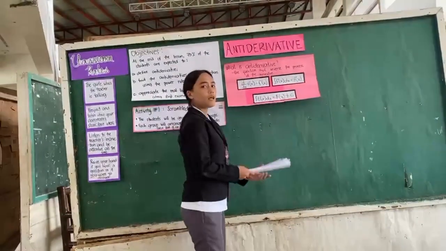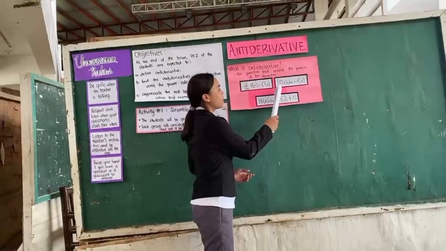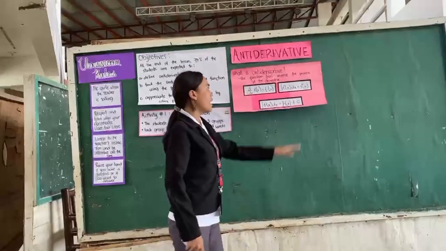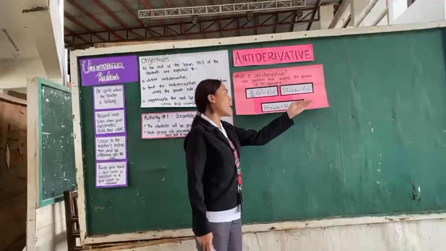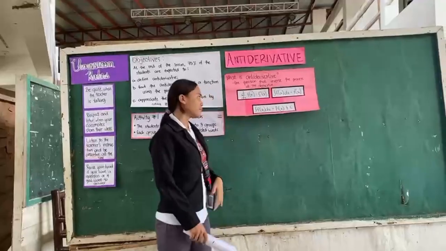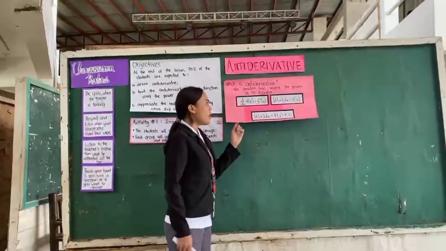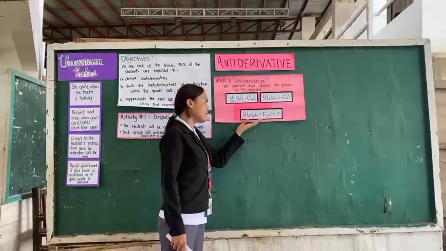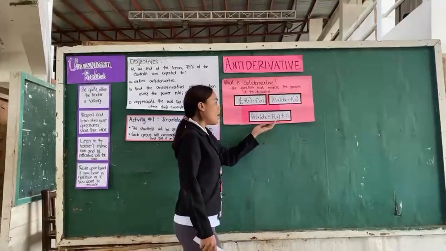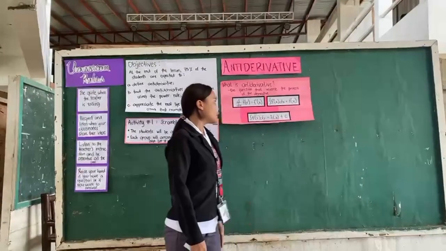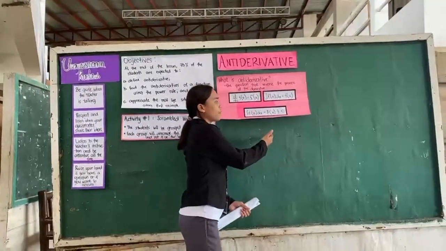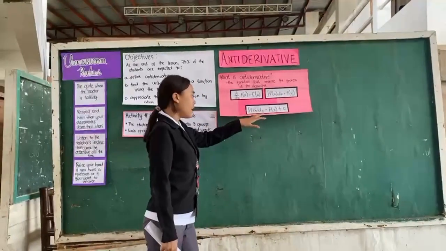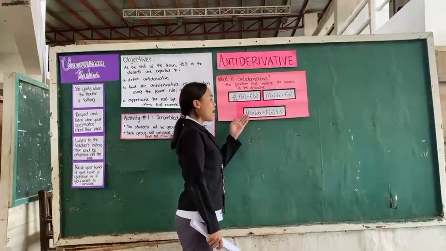So the antiderivative or the integral of f prime of x is equal to f of x. So the integral of lowercase f of x is equal to the capital F of x plus c. So the capital F of x is the antiderivative of the lowercase f of x.